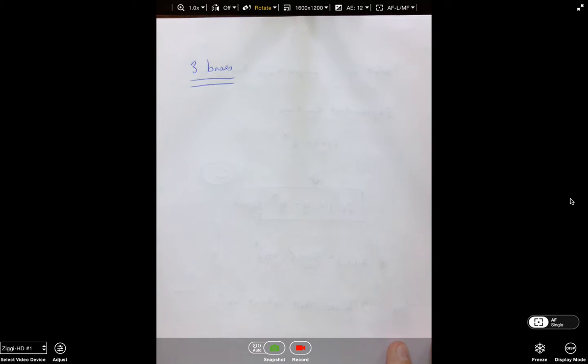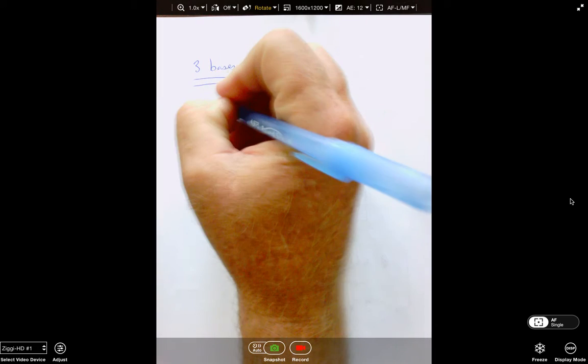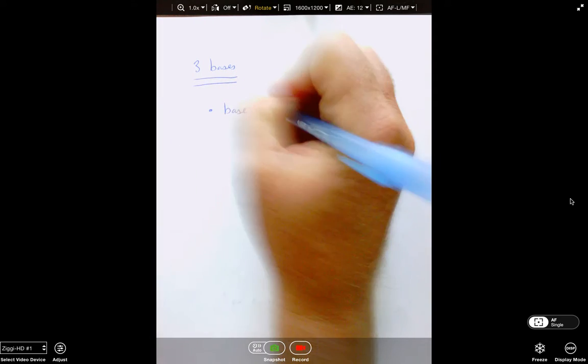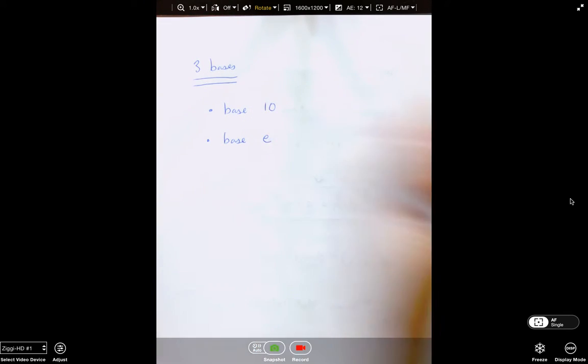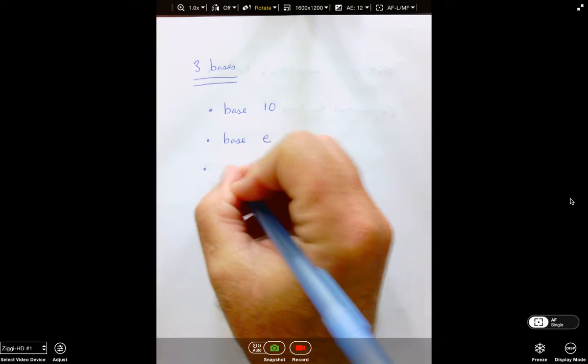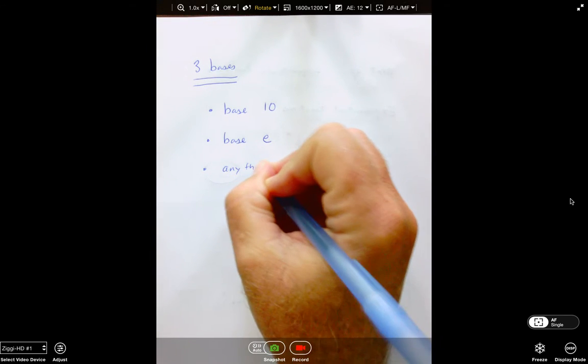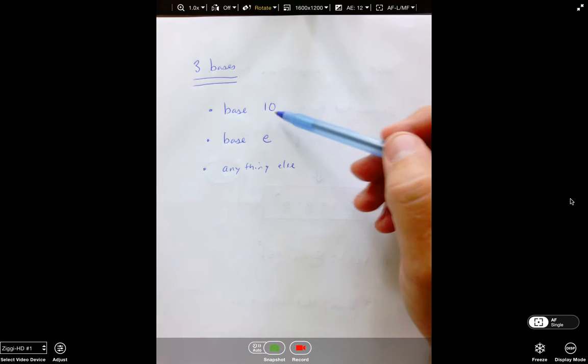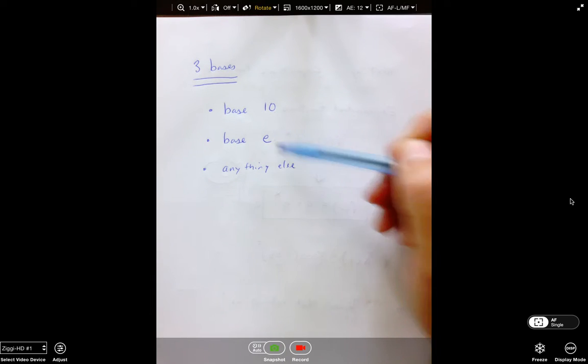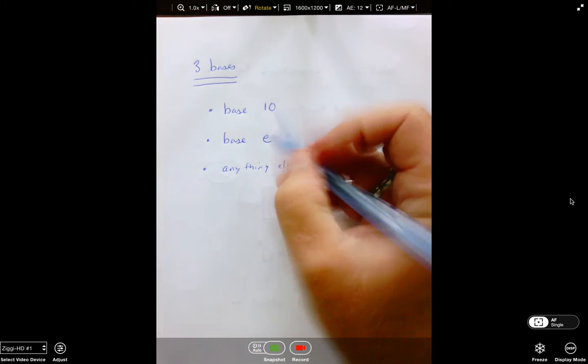I want you to think about exponential functions in terms of three bases: base 10, base e, and anything else. When we move into logarithms, this is going to be log base 10, log base e, and log base something else. Now, 10 is probably fine. Anything else is probably fine.